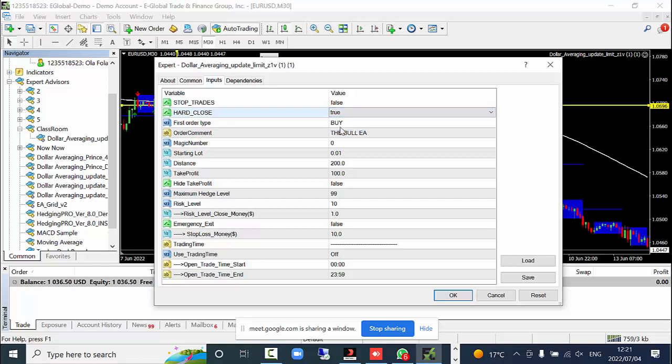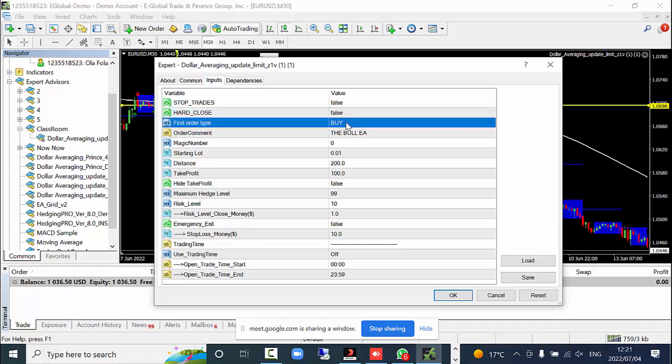Immediately you put in true and you click OK, the software closes all your open trades, both positive and negative. But you must have done your assessment that even if the negative is out of your wallet, you are still sitting at a profit. But sometimes, as an emergency exit, you decide to lose everything. That is its job. So let me return it to false.